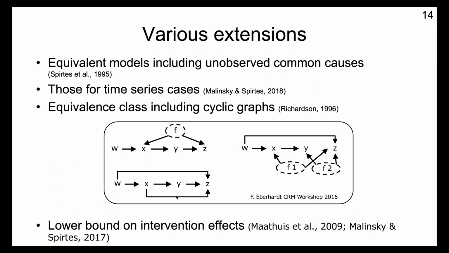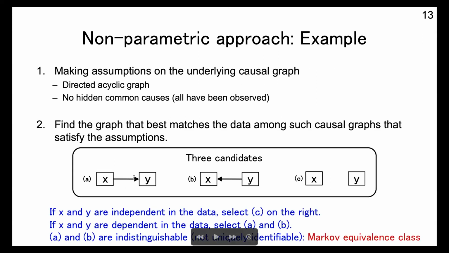Basically, in this approach, the causal graph is often not uniquely identifiable. So, for instance, we cannot estimate the causal direction in this case.